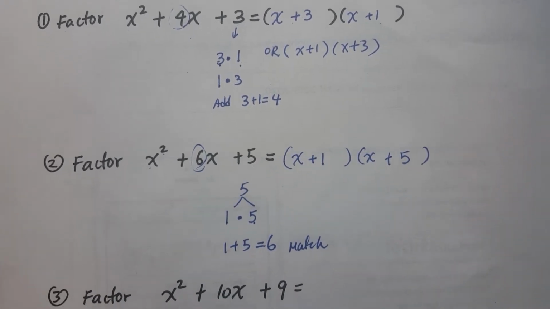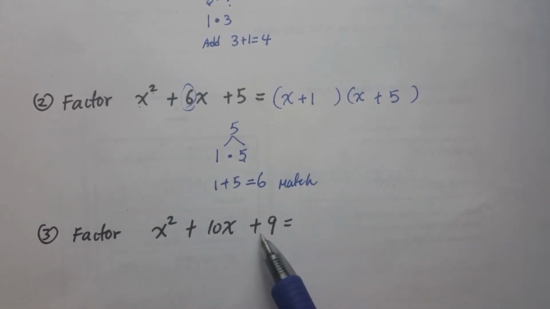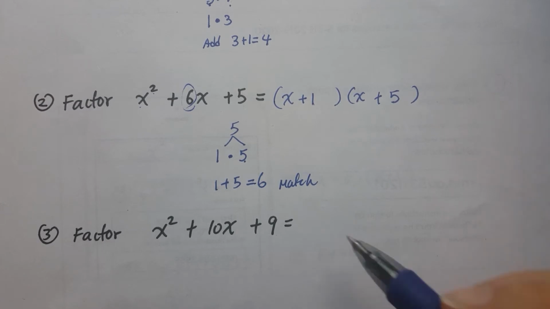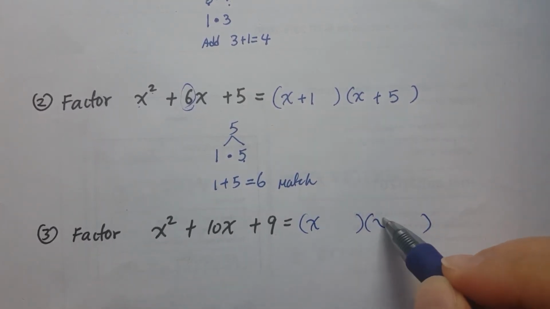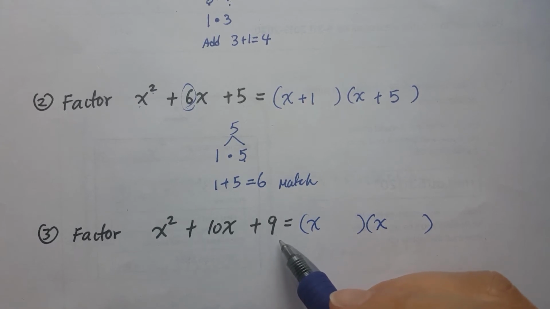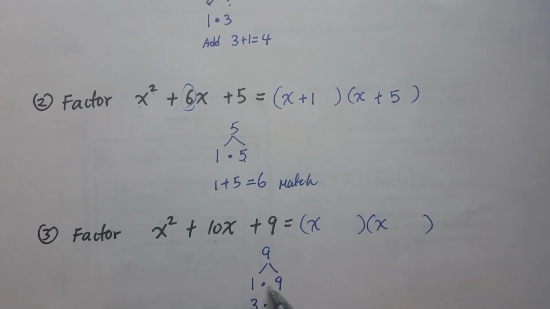Now let's take a look at number 3. X squared plus 10x plus 9. So now you're going to make two binomials. X squared becomes x and x. So we need to find two numbers that multiply equal to 9 and add together equal 10. So for 9, we get 1 times 9, 3 times 3, and then you go back to 9 times 1, the same as this pair.